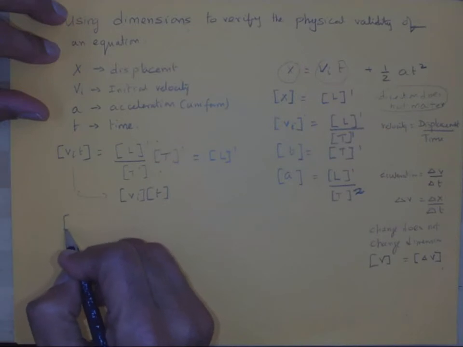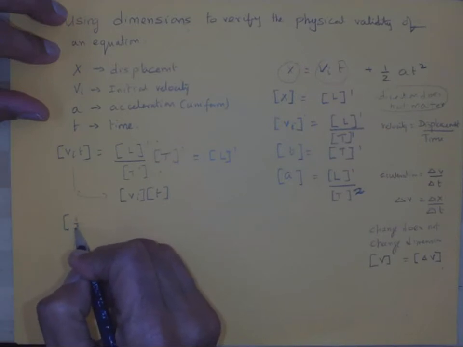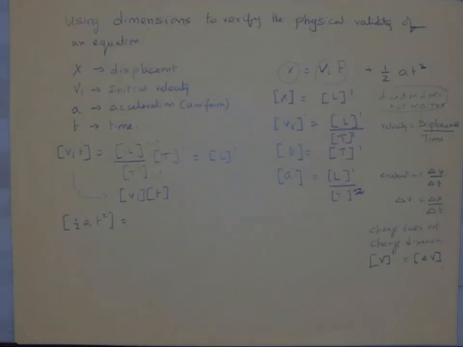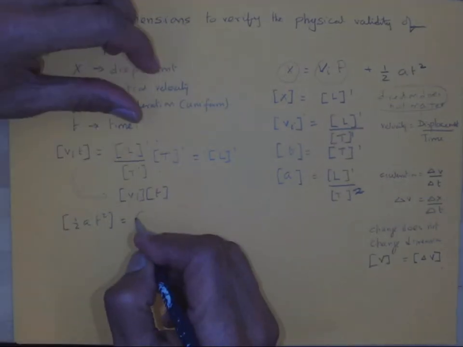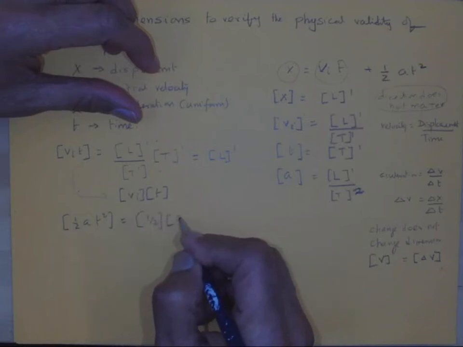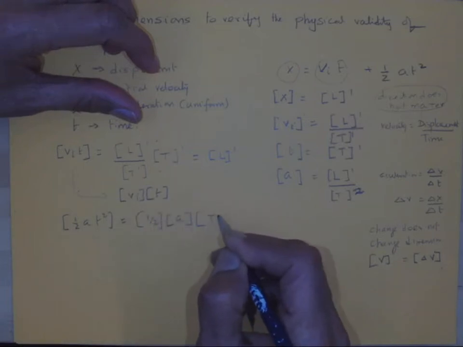Now let us see what is the dimensionality of 1/2 a times t squared. The number 1/2 does not have any dimensions. So let us say I have dimensionality of 1/2 times dimensionality of a times dimensionality of t squared.